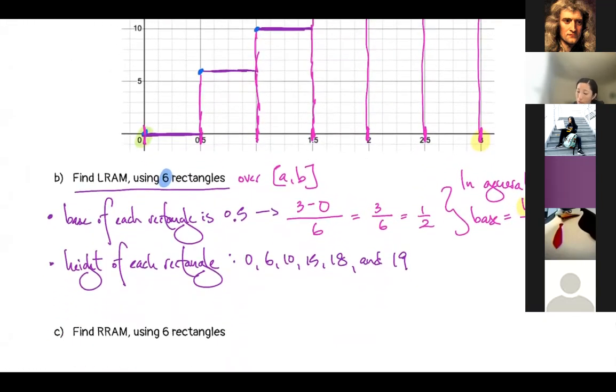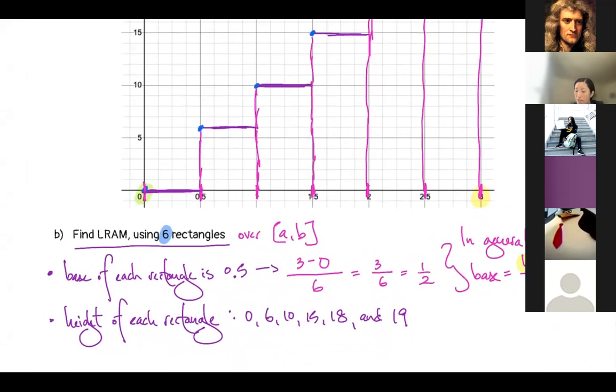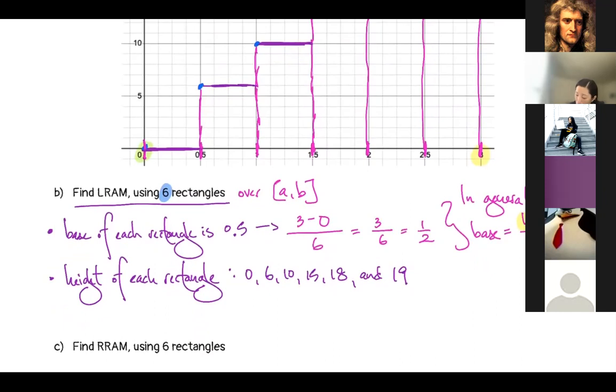So how do we find the area? Well, we can multiply every single one, find each of the 6 areas. Okay. So what would that look like? The area would be, let's see, I'm going to use 1/2. 1/2 times 0, that's the area of the first rectangle, plus 1/2 times 6, that's the area of the second rectangle.